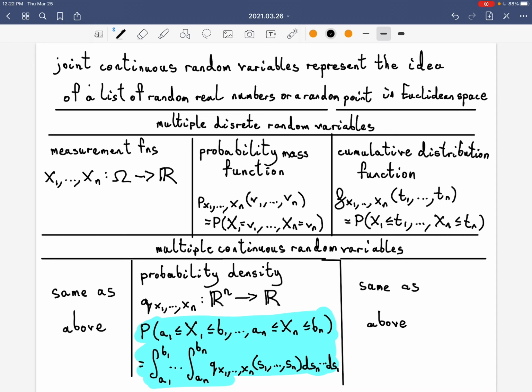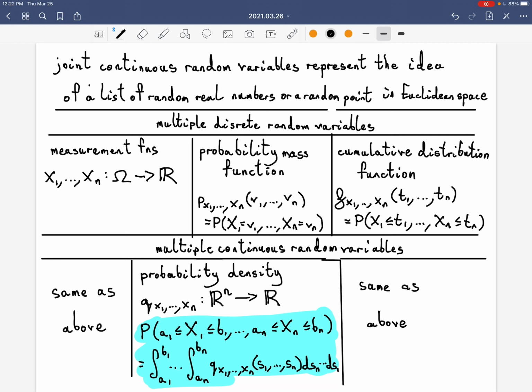And what you can do with this probability density is you can give yourself a list of lower bounds and a list of upper bounds. So here I've described the lower bounds as A1 through AN, and I've described the upper bounds as B1 through BN.